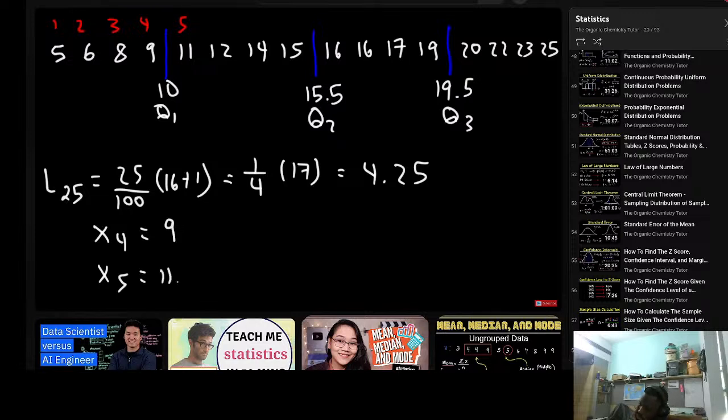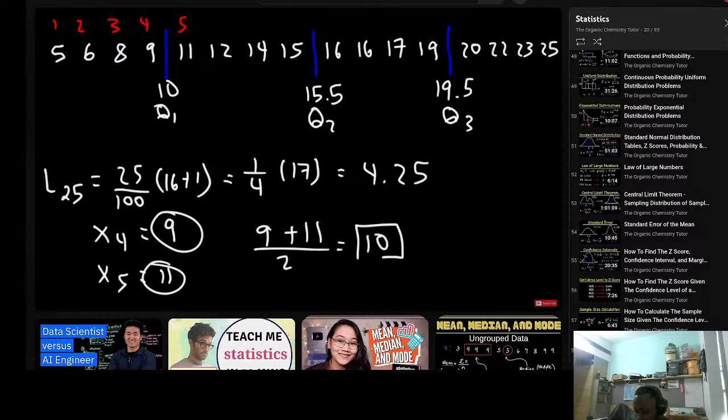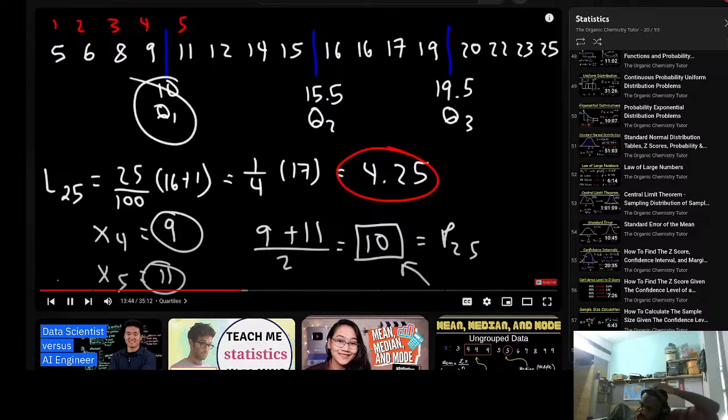So if you average 9 and 11, it will give you 10. And so this is the location. The location of the 25th percentile is this number, but the value of the 25th percentile is 10, which is Q1. So that's how you could use this formula to help get you this answer.